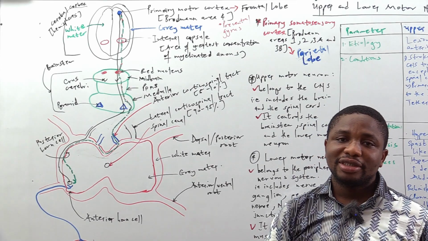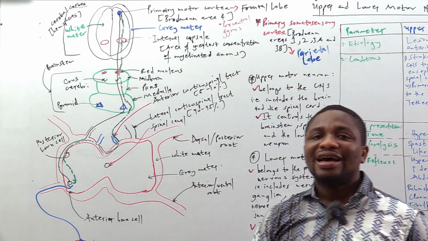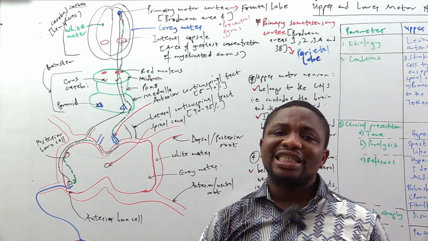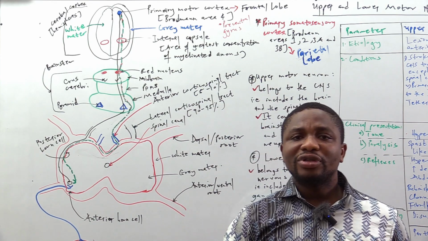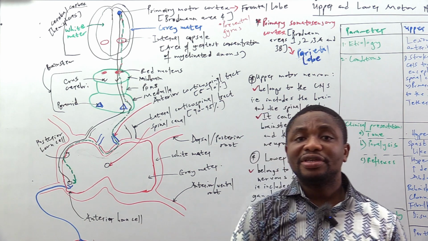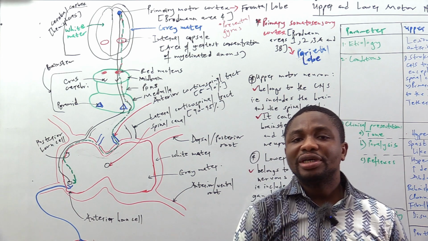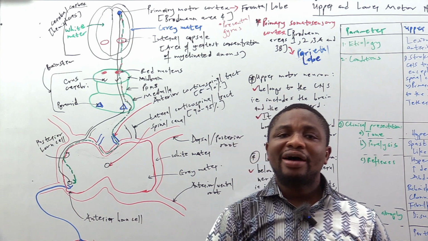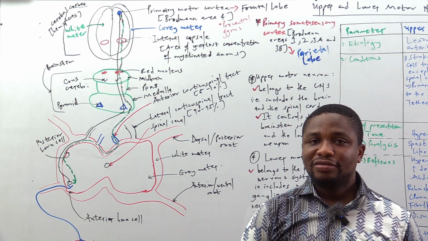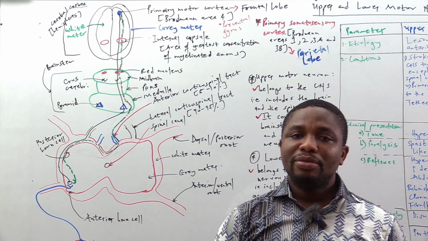The primary motor cortex is located in the precentral gyrus at the dorsal aspect of the frontal lobe. And if you are using the Brodmann classification of the areas in the brain, then it will be located at Brodmann area 4. It coincides with the primary motor cortex.